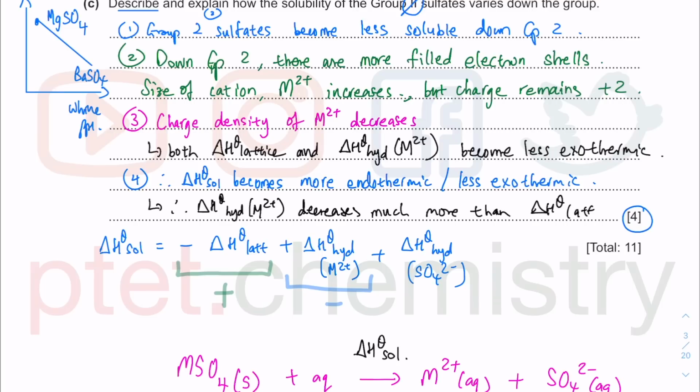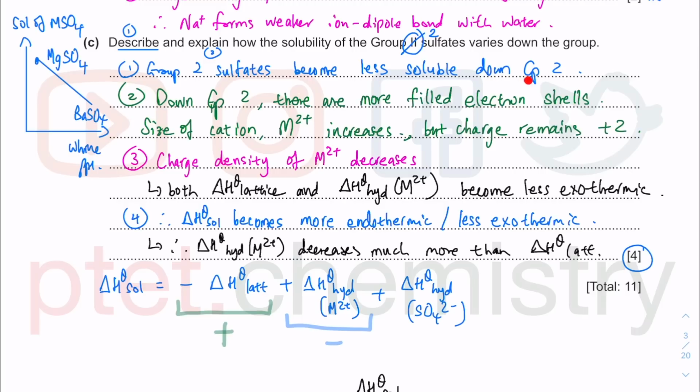That is usually the tricky point there, because it's about the balance. You want the overall to become positive, so this must not decrease a lot. This must decrease more, so that the positive will win over the negative, and they become more endothermic, and they become less soluble down group 2, because more endothermic means less soluble, more difficult to dissolve.